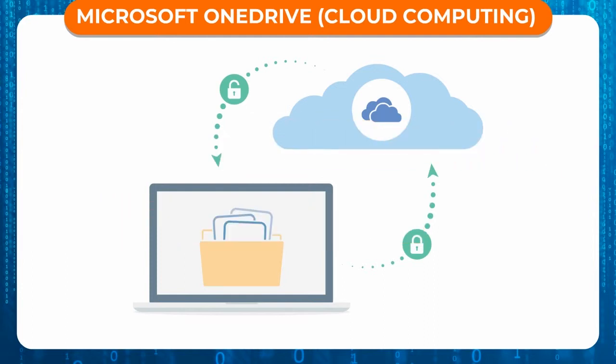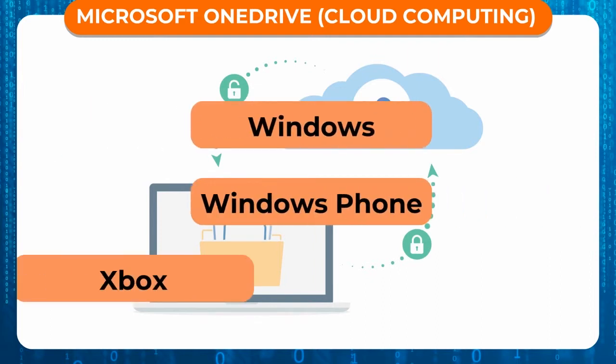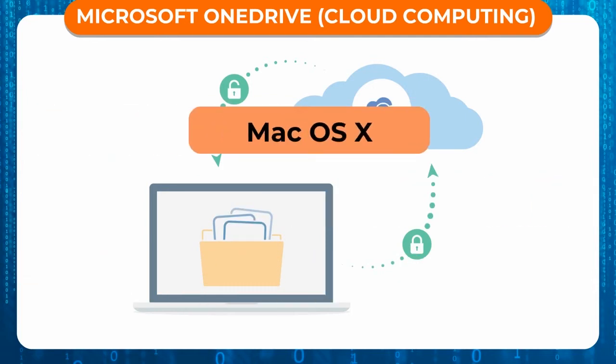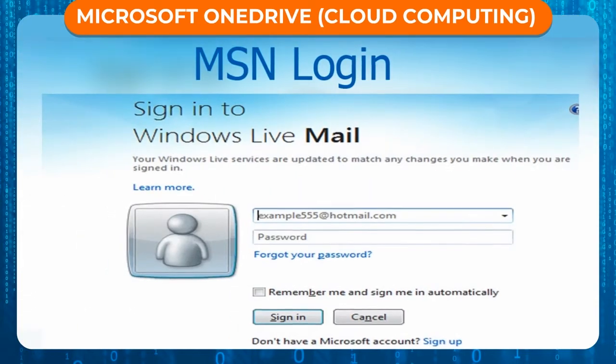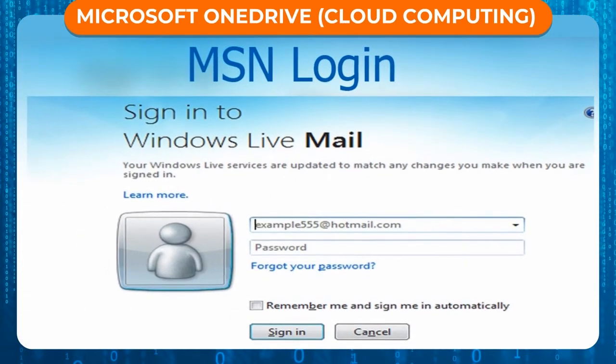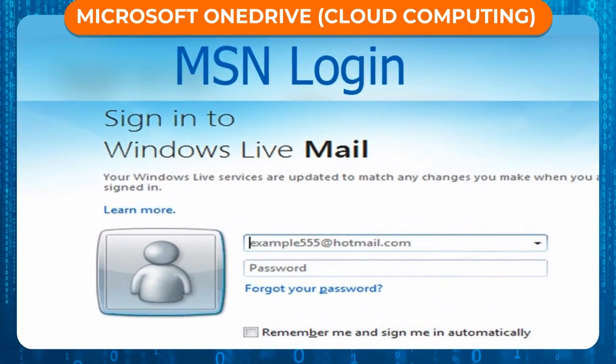Other means of accessing your OneDrive files include apps for Windows, Windows Phone, Xbox, and even Mac OS X, iOS, or Android. Once you create an MSN account, you will be logged in to Windows with OneDrive.